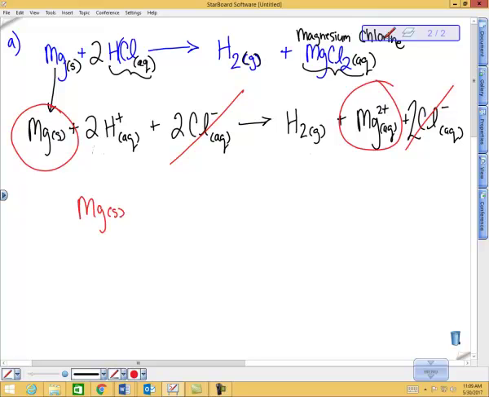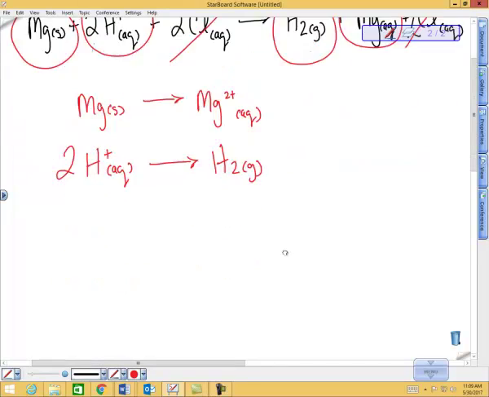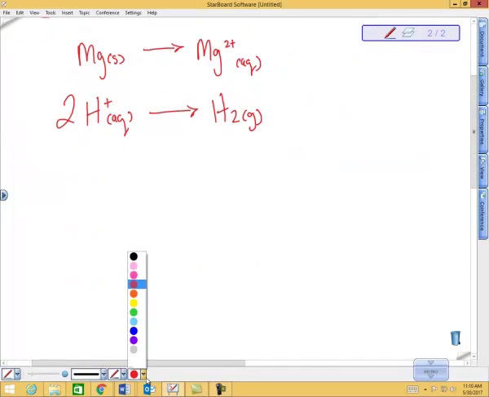Magnesium started off as a solid, and he turned into an ion with a positive 2 charge. Now let's look at hydrogen. Hydrogen started as an ion, and he turned into a gas. Okay, now comes the hard part, figuring out which one's oxidation and which one is reduction.